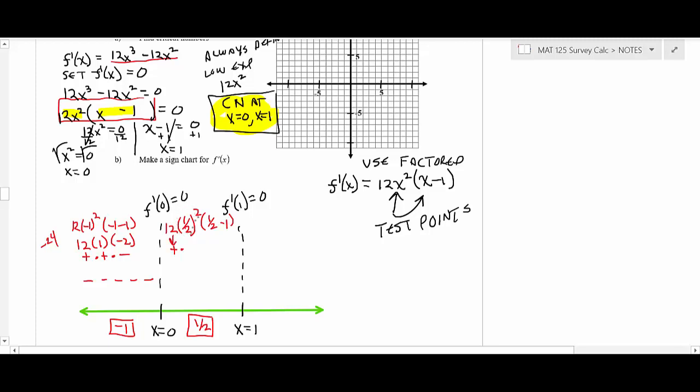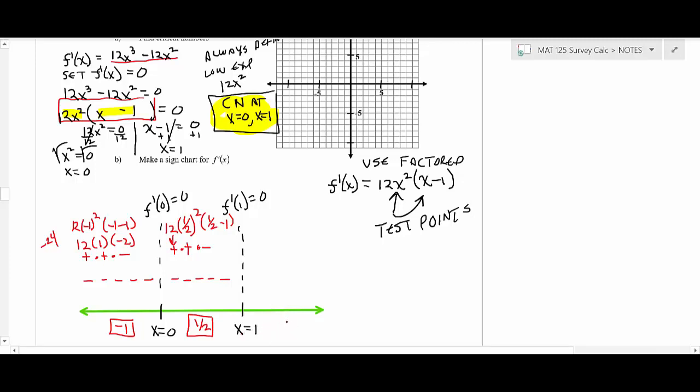If you square a positive number, it's positive. 1/2 minus 1 is negative. So you're going to end up with a negative result. If you needed to use your calculator to work that out, you certainly could, but it's not really necessary.